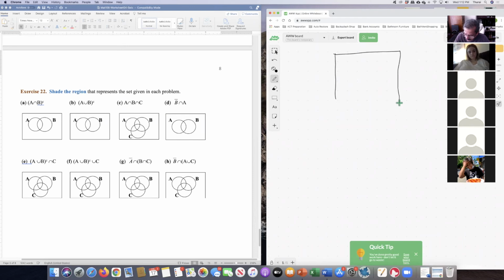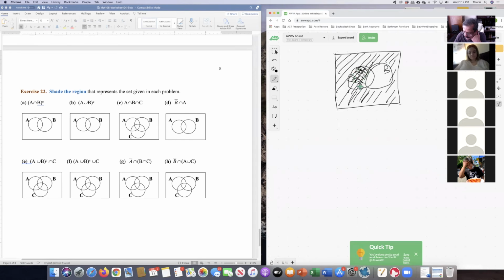Just to make sure everybody understands it, this is A, this is B, and B bar would be everything outside the B, that includes part of the A. So what part of this is in A? That's the question, right? B bar intersection A means what part of B bar is shared with A. And that would be this part, isn't it?